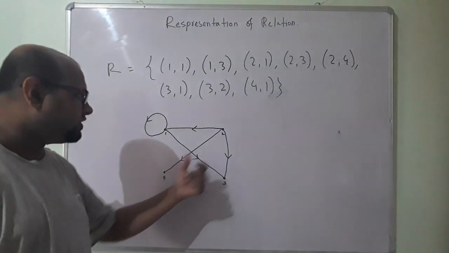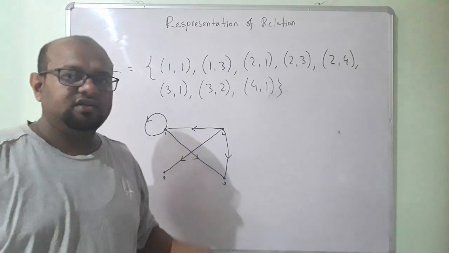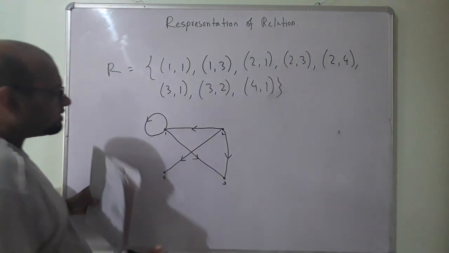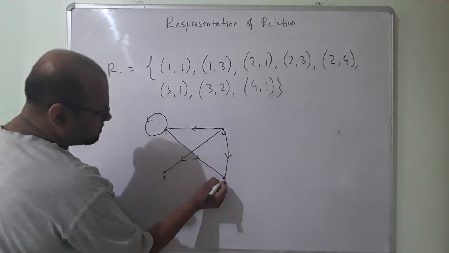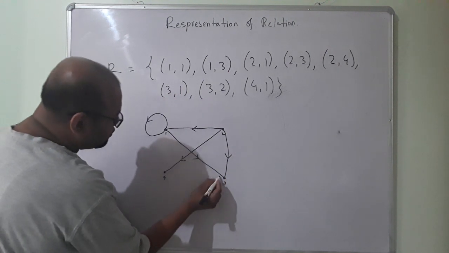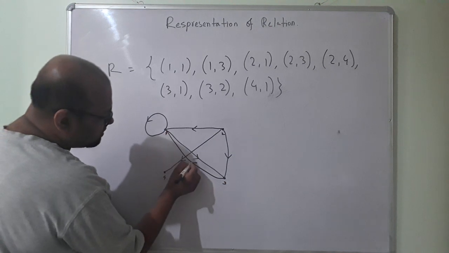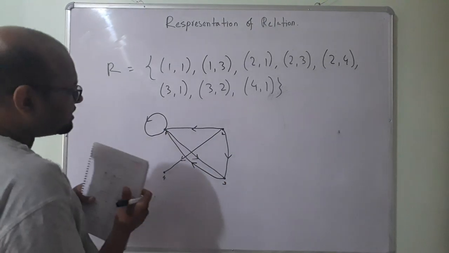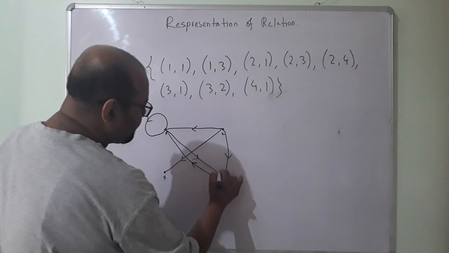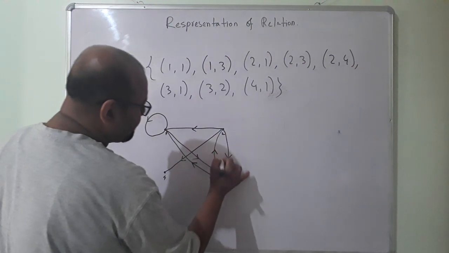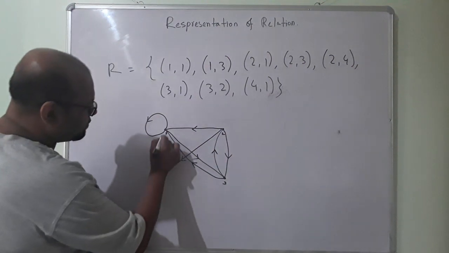So this direction will tell me that 2 4 is here. Okay, then 3 1. So I have this 1 3, and also I have this 3 1. Okay, then 3 2, then 4 1.